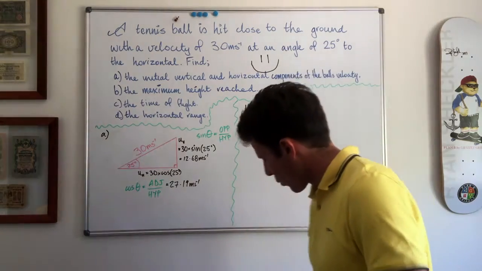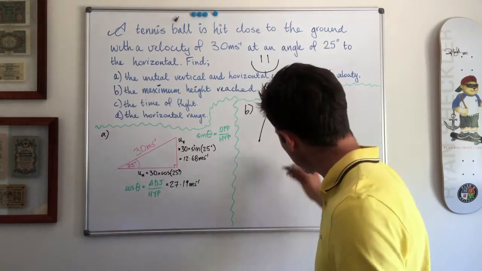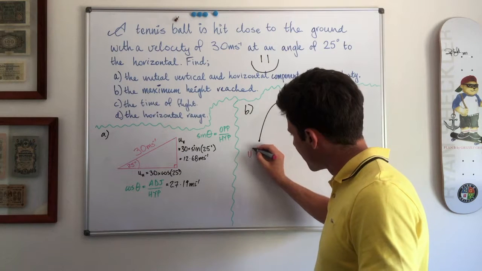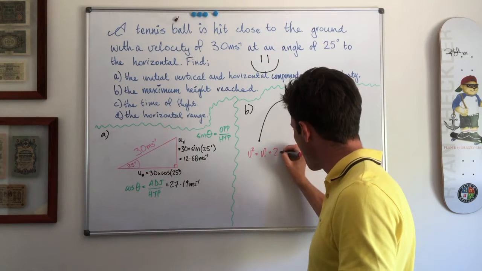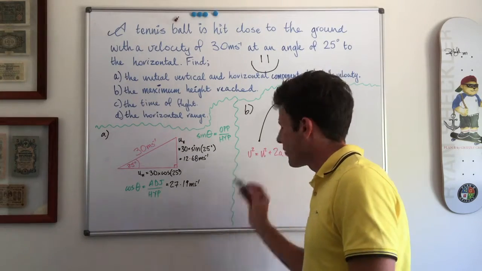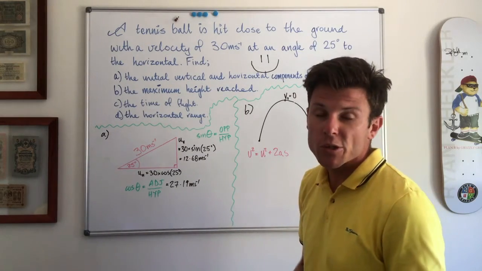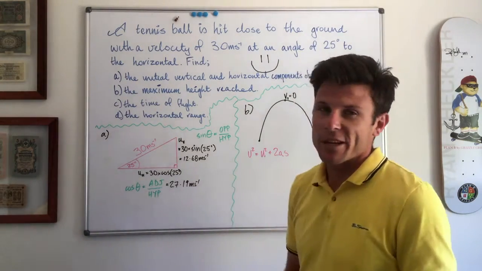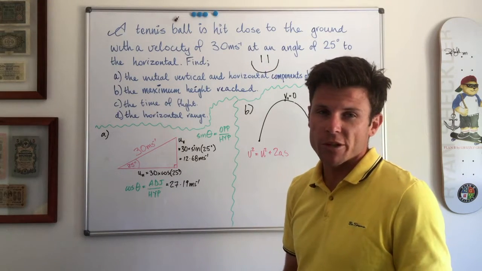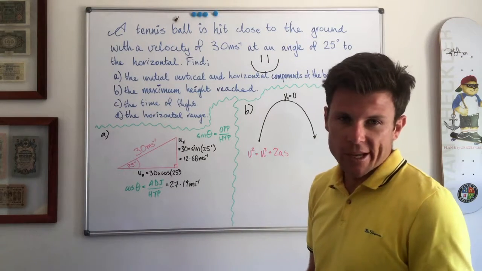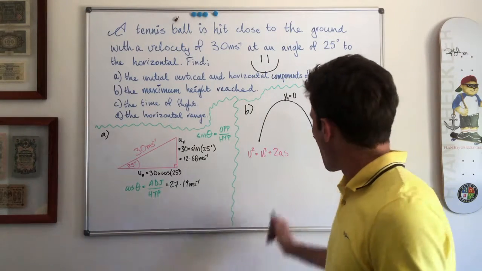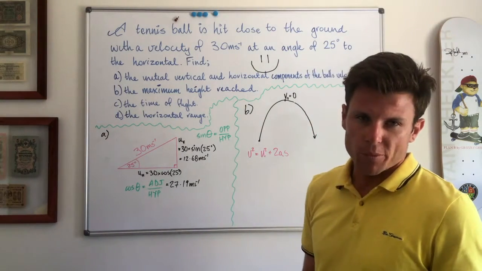And we only really have one formula for this, and that is v squared equals u squared plus 2as. V squared is the final velocity squared, u squared is the initial velocity in the vertical direction squared, a is the acceleration due to gravity, and s is the displacement of the ball.